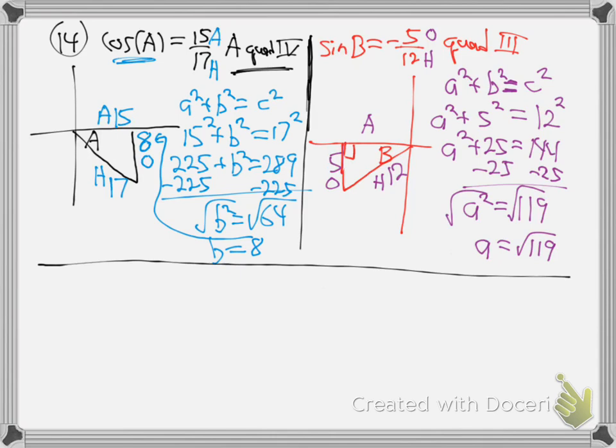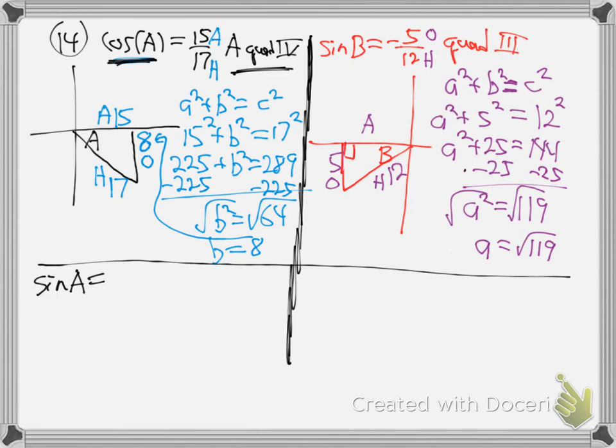Meaning, let's keep this separation clear in your mind. The left side is all about angle A. Started with cosine of angle A, and I got the whole triangle, so I can find the rest of A. And the right side's all about B, started with sine of B, and I got the triangle, so I can find the rest of the facts concerning angle B. So let's find the rest of the facts. I have cosine A. Let's also find sine of A. You with me?